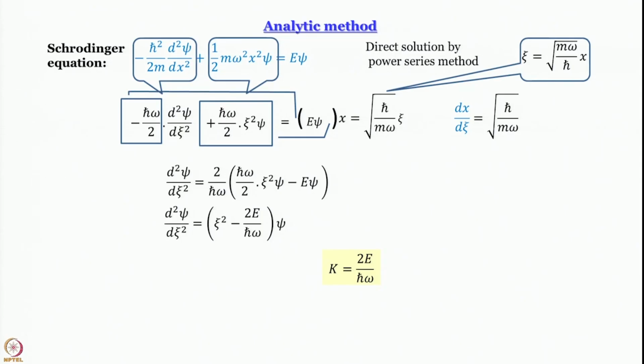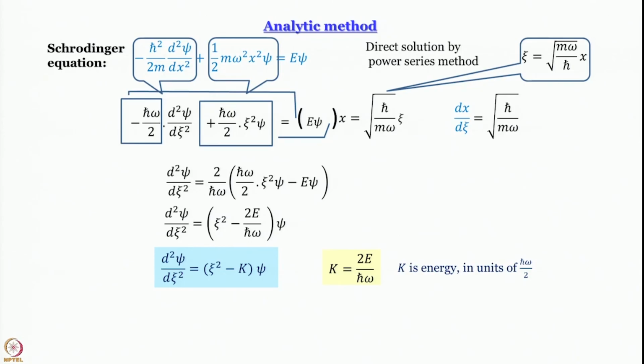Depending on which vibrational level we are talking about, this number will be 1, 2, 3, 4, something like that, 10, 20, whatever. So, the differential equation we get finally is d2 psi d xi 2 is equal to xi square minus k multiplied by psi.